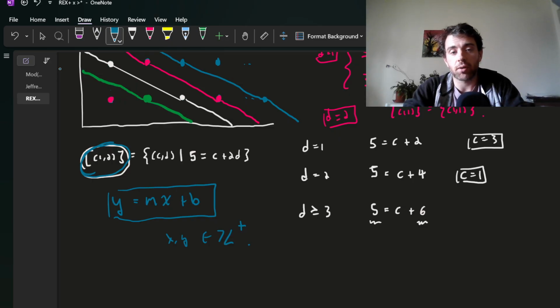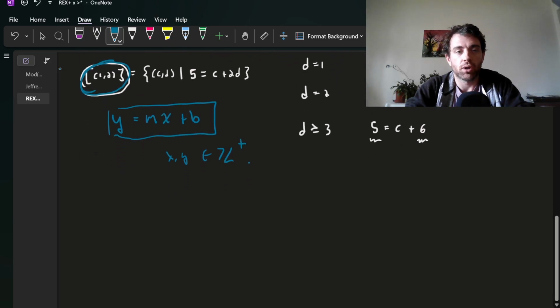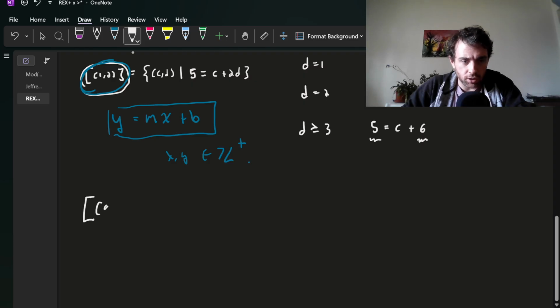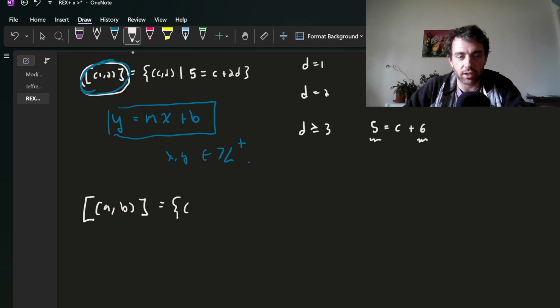Now let's try and think about what that might be. So if we write this out a little more generally, the equivalence class of a pair (A, B) is going to be the set of all coordinates. Now, maybe I'll call it (x, y). You'll see y, pun intended, in a moment.